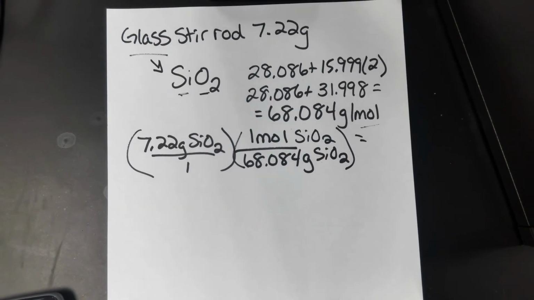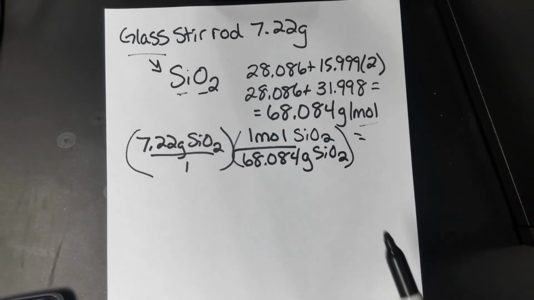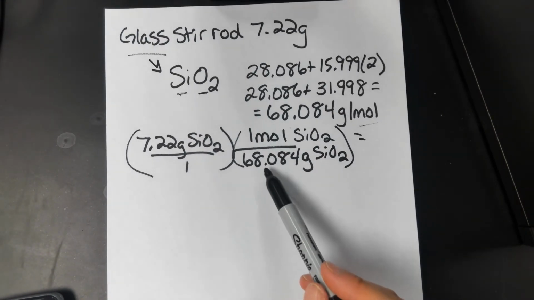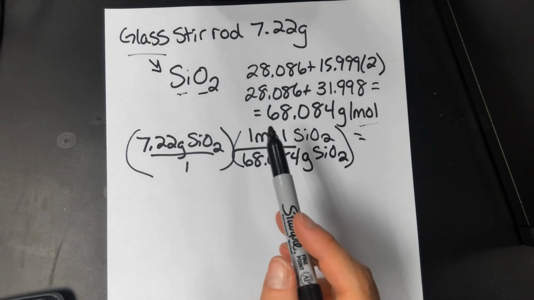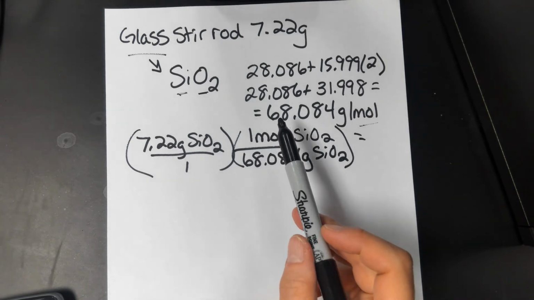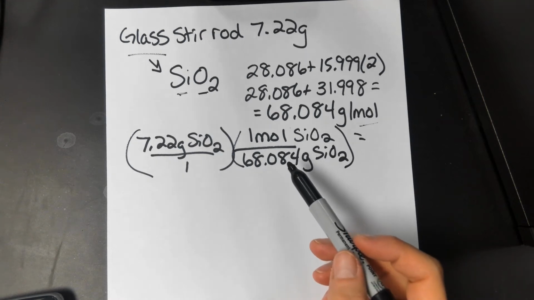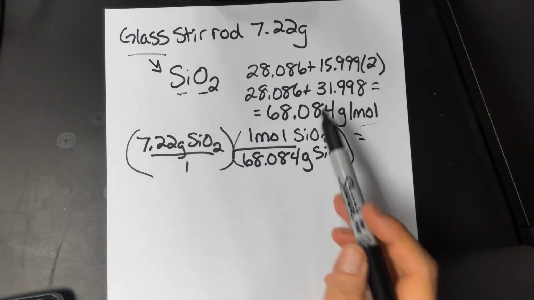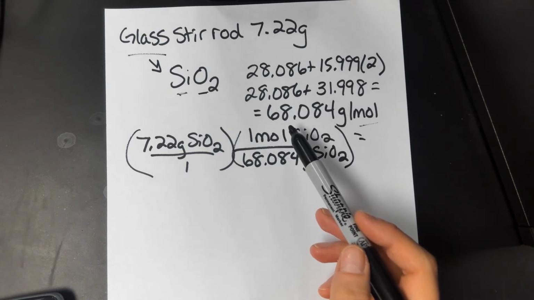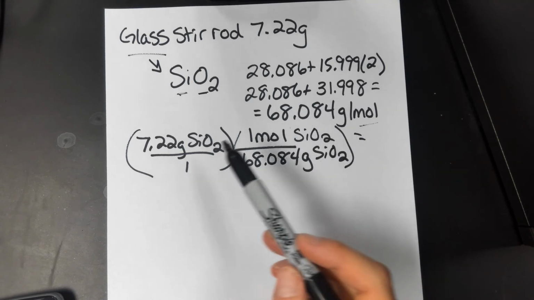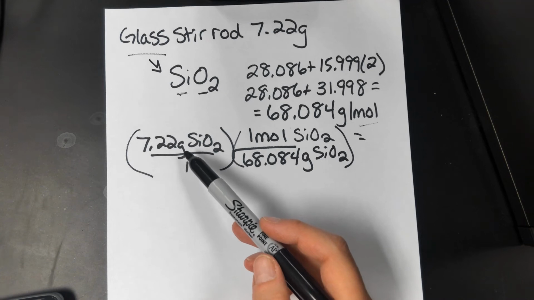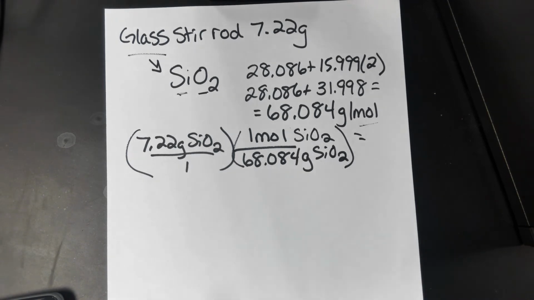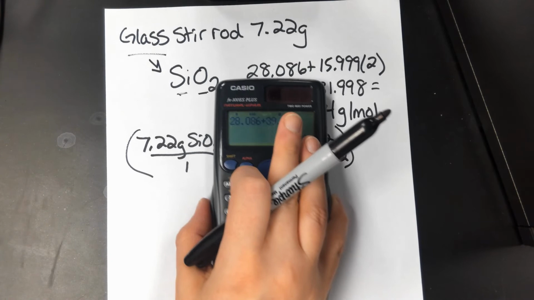So why does this all make sense to me? Let's keep going. Am I expecting to get a big number or a small number? Well, if I wanted to have a mole of glass, I'd have just about 68 grams of glass. But how many grams of glass do I have? I have much less than 68 grams. So I'm going to get a number that's smaller than 1, correct?